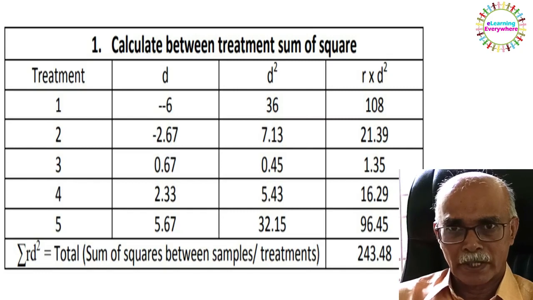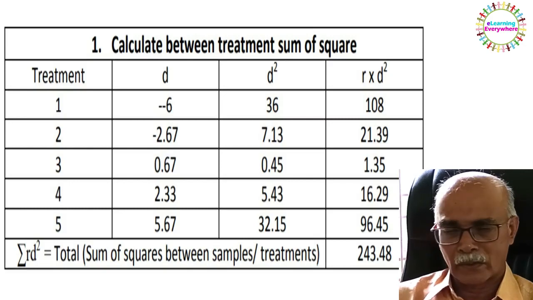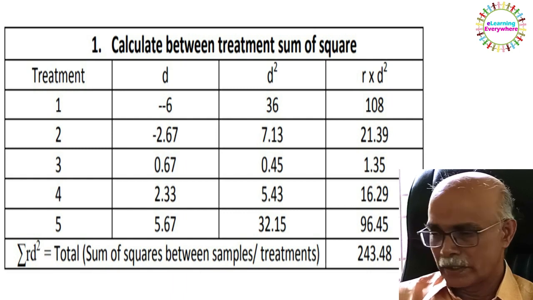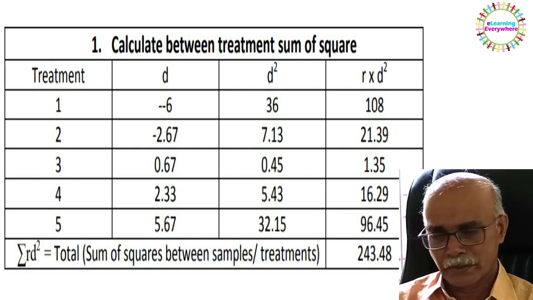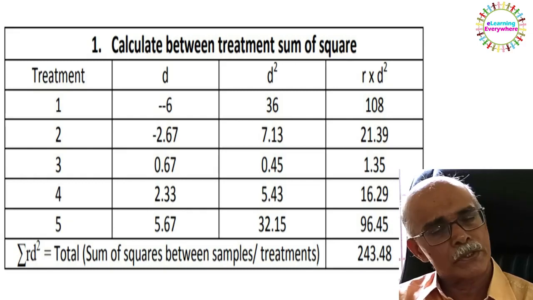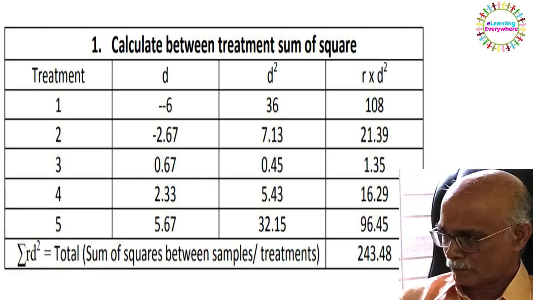And in your example, when you calculate the total value of the R D square, in the case of the 5 values, you get 243.48. 243.48 is thus the sum of squares between samples or the sum of squares between treatments in your present experiment.